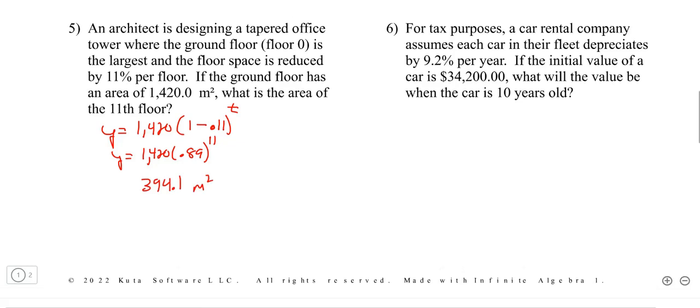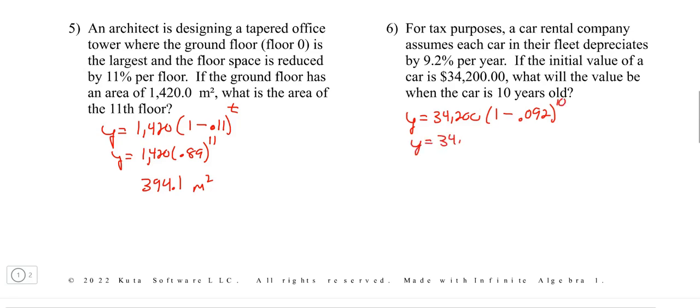For tax purposes, a car rental company assumes each car in their fleet depreciates by 9.2% per year. If the initial value of a car is $34,200, what will the value be when the car is 10 years old? So this is going to be a decrease, so it's a decay. So we're going to say y equals 34,200 times 1 minus 9.2% as a decimal is 0.092 to the 10th power.